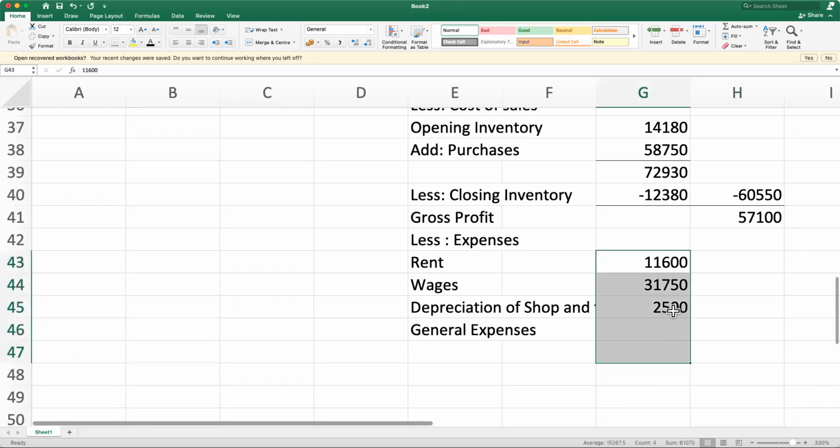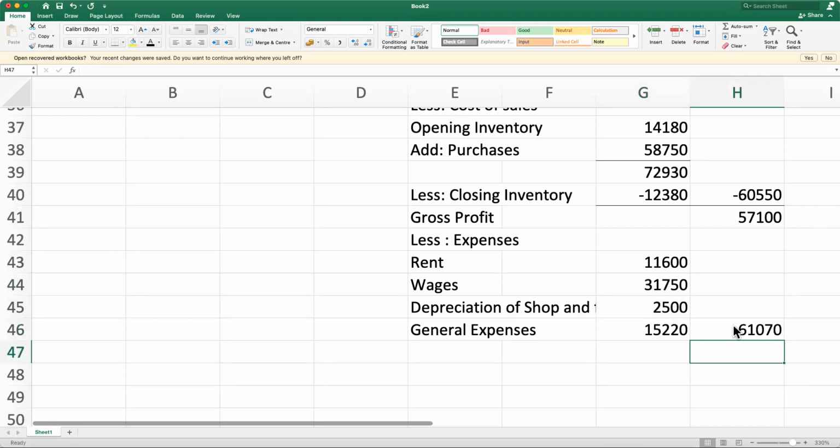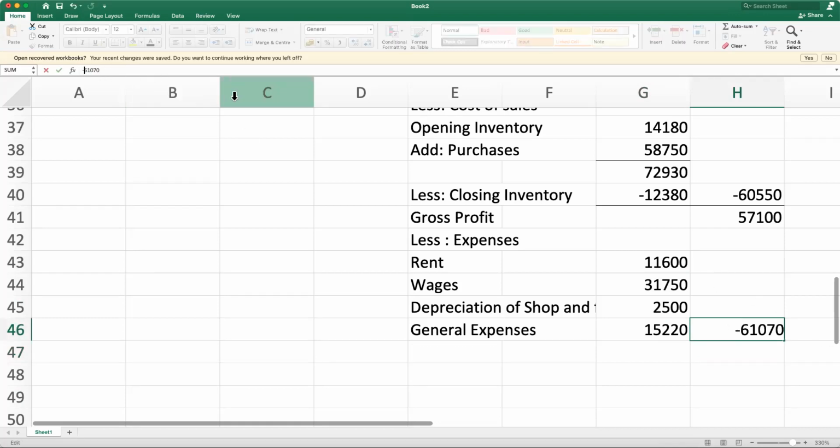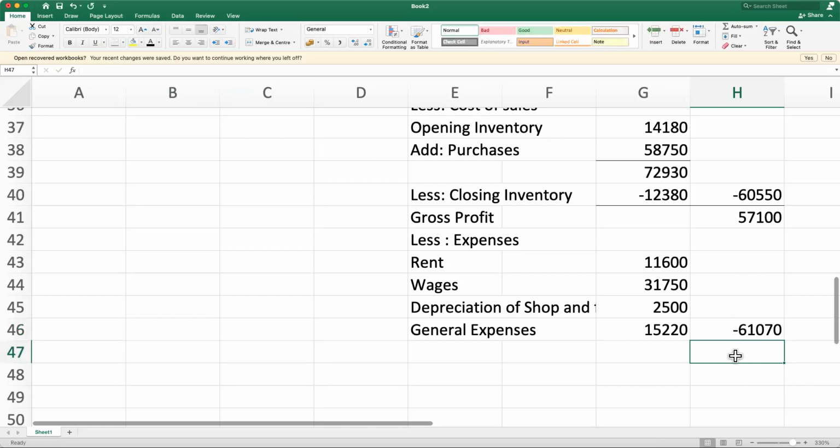So this is my total. 61,000. So I'm just going to put this as a negative figure again, because I'm supposed to subtract it out. So I'm going to get negative 3,900. So this is a loss, by the way.